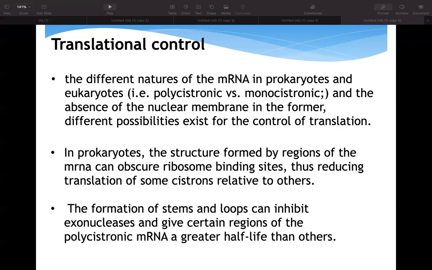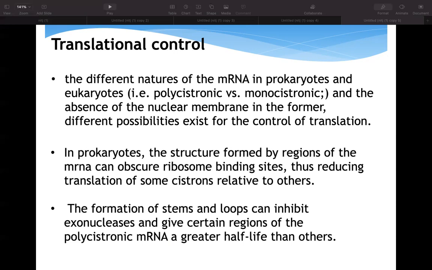Whereas in eukaryotes, the structures formed in regions of mRNA can obscure the ribosome binding site, thus reducing translation of some cistrons relative to others.